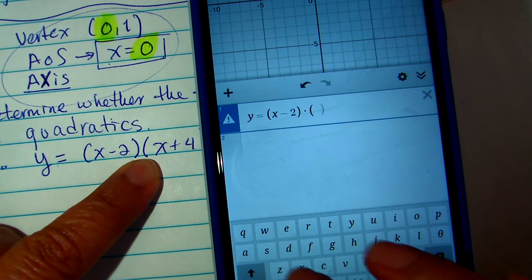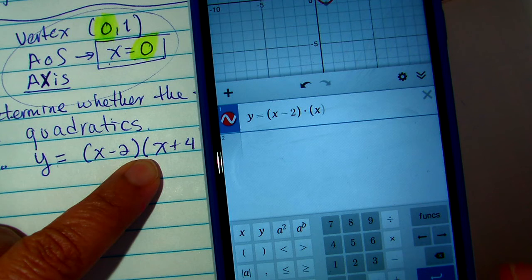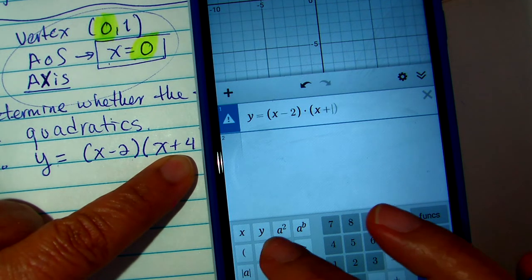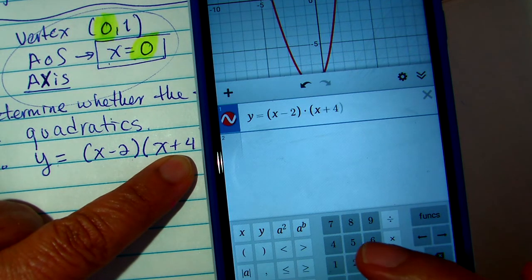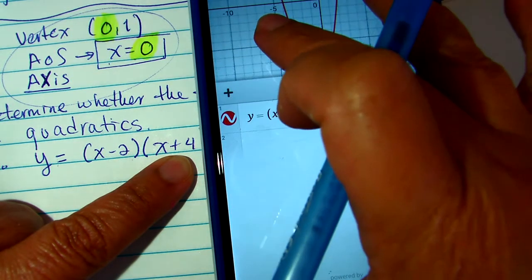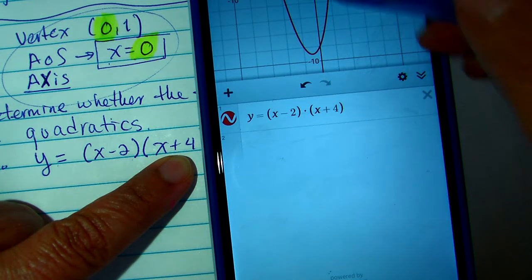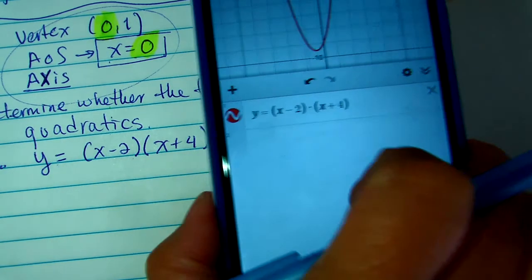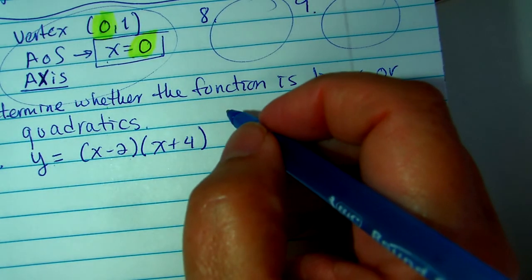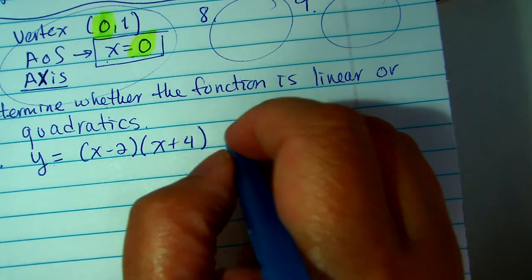And I have x plus 4. I'm going to close it. So what is this? You can zoom it up. What is this? Quadratic. So number 10, the answer is quadratic.